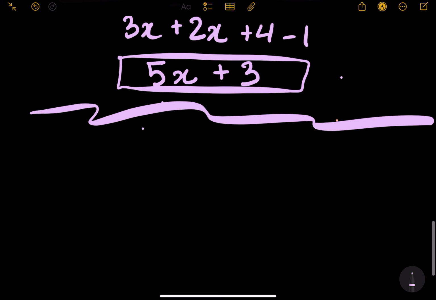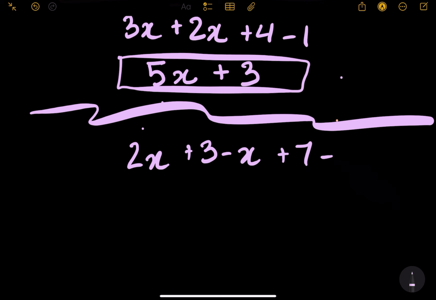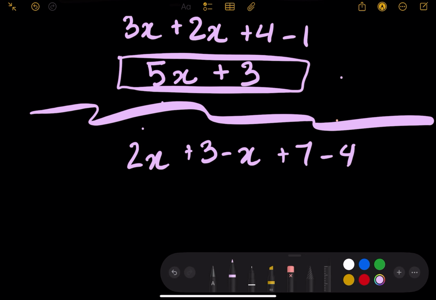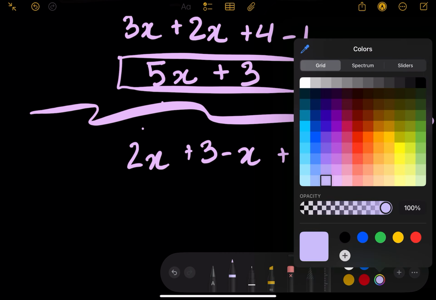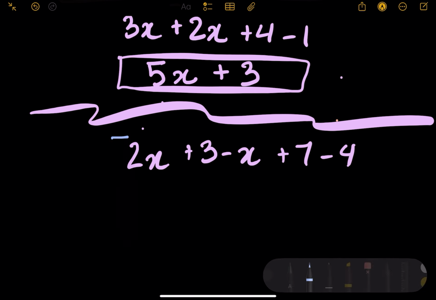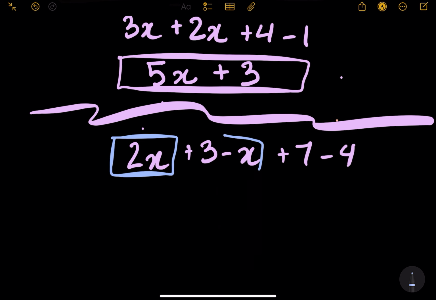Let's do another example. Let's do 2x plus 3 minus x plus 7 minus 4. Let's look at the like terms. Straight up we see that 2x and this -x are similar.